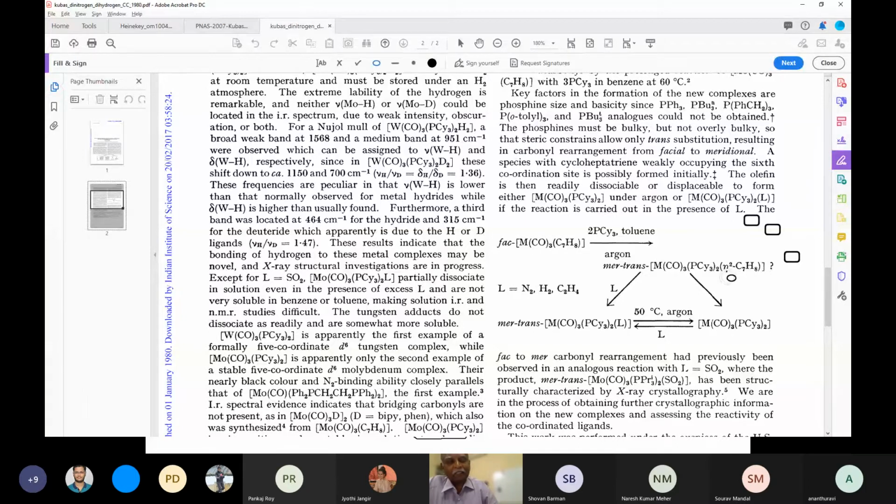They suspected that it is eta 2, and this eta 2 system reversibly interacts with a variety of small ligands, N2, H2, and C2H4. All of them can interact with it in a reversible fashion. If you heat it to 50 degrees, the free form is generated.